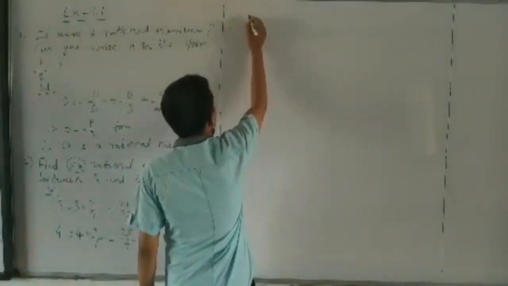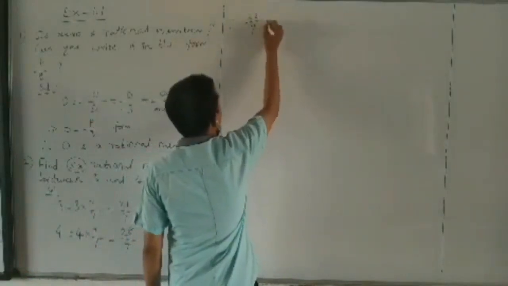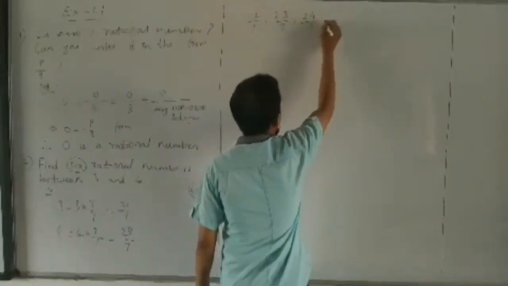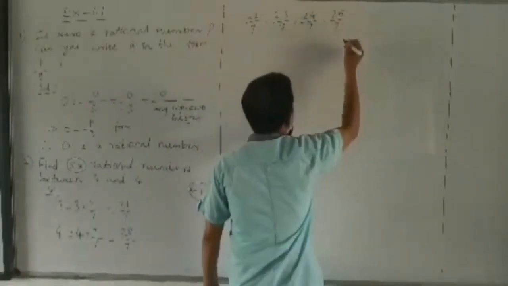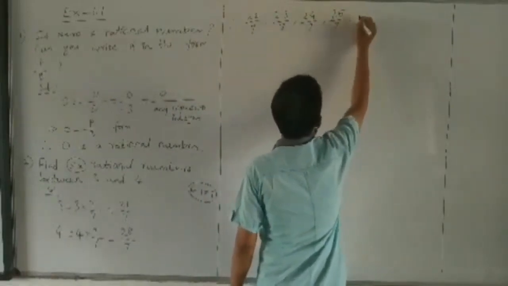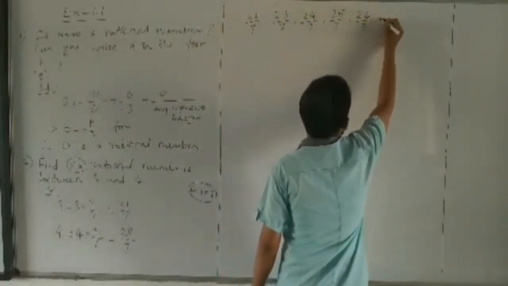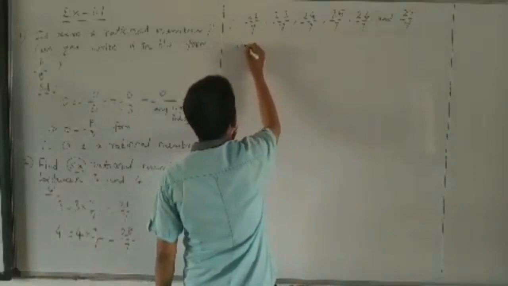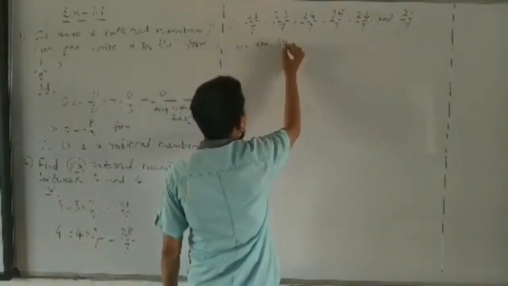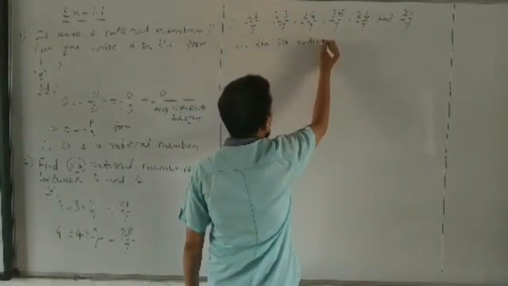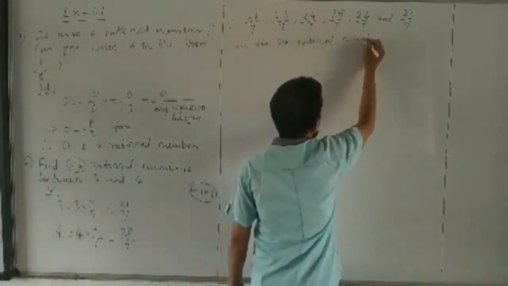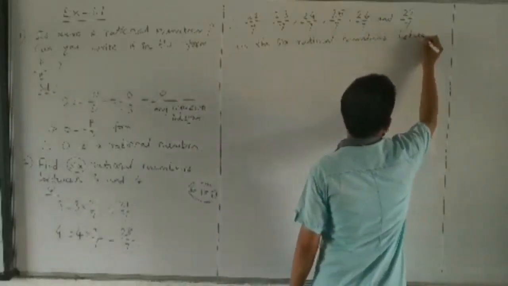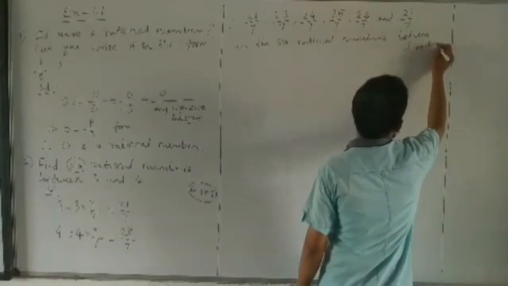Therefore, 22 by 7, 23 by 7, 24 by 7, 25 by 7, 26 by 7 and 27 by 7 are the 6 rational numbers between 3 and 4.